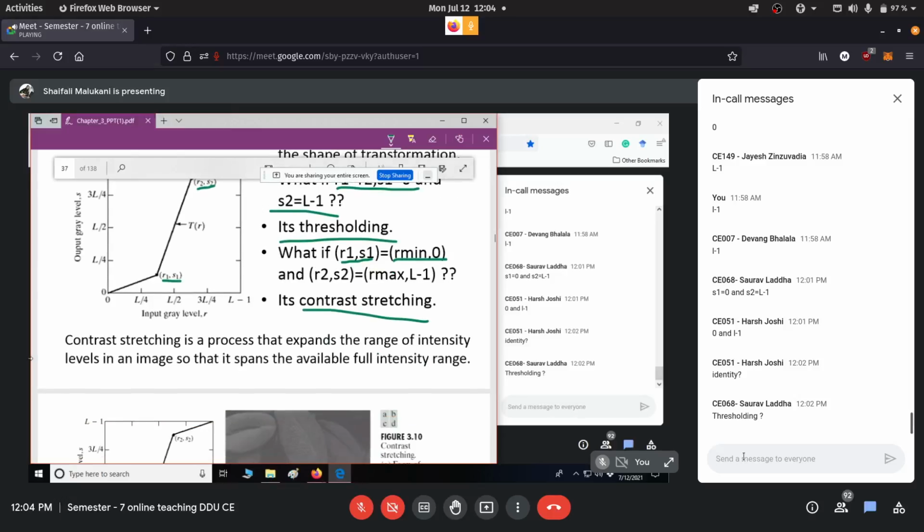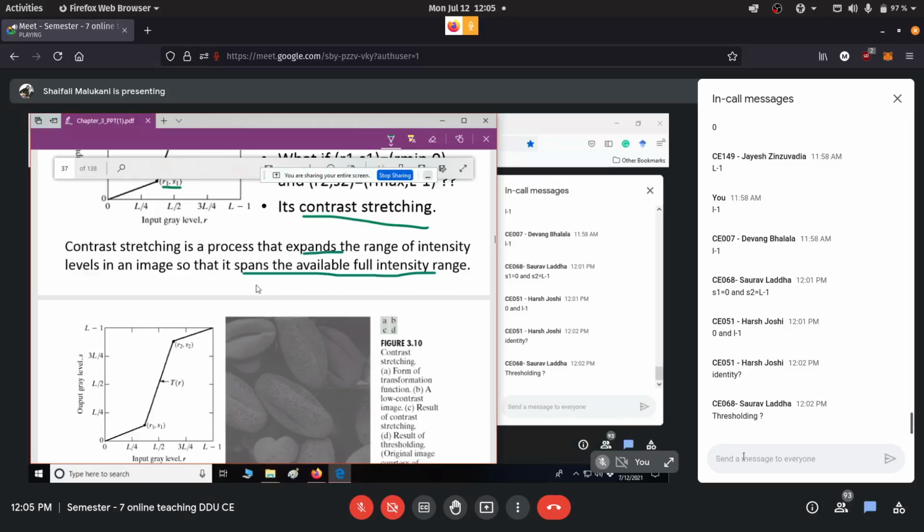What is the definition of contrast stretching? It is a process so that the available range of intensity is expanded to the full intensity range. What is the full intensity range available? 0 to 255. So I will expand the available intensities, 50 to 100, to the full range of available intensities.